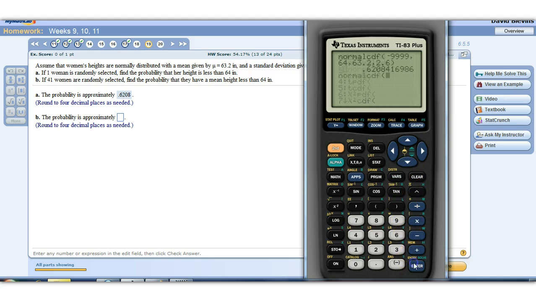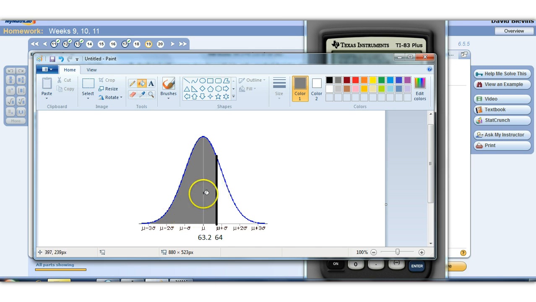We go to the normal CDF because we're still finding probability. This is still normally distributed. So less than 64, we're starting off the same way, some number that's far away. Where the shading stops, this is almost identical here.